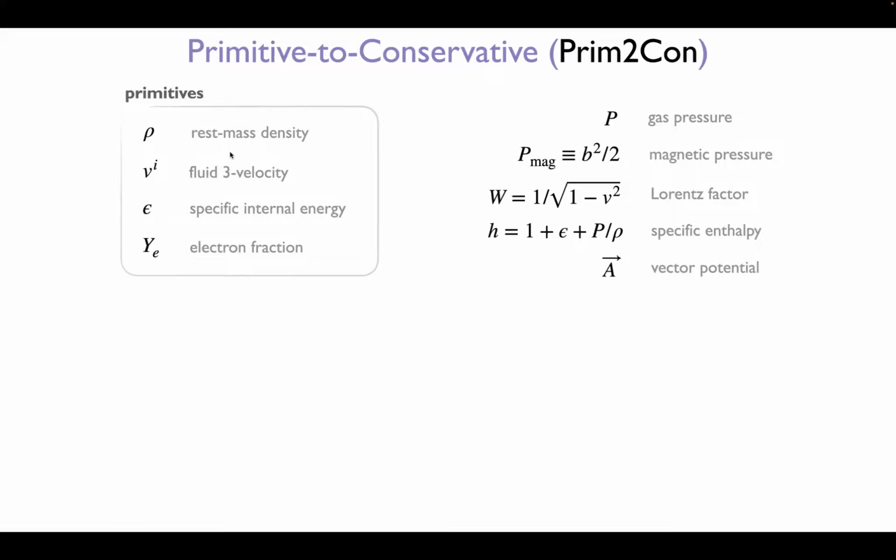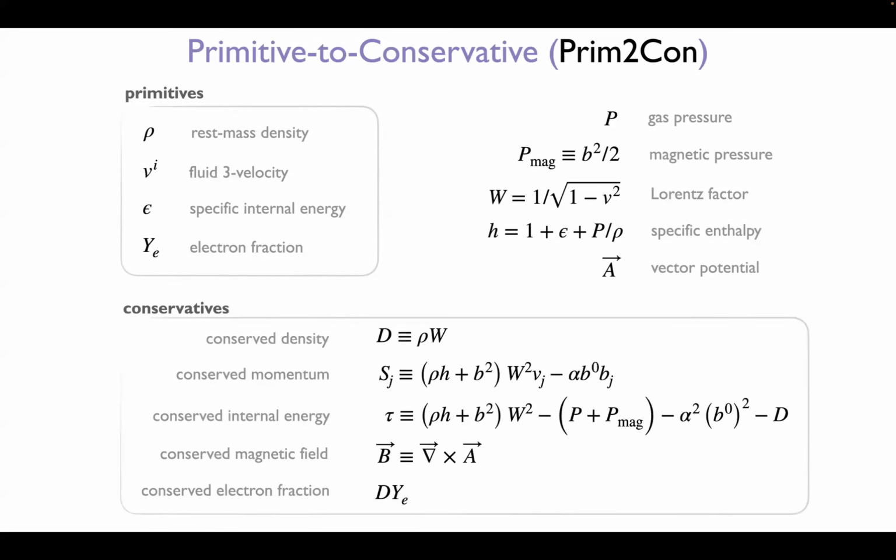Primitive variables in the sense of rest mass density, velocity, specific internal energy, and sometimes you might also need the electron fraction, which is essentially the ratio of the number of electrons to the number of baryons. Based on these primitives, you define what we call conserved variables, and these are conserved density, momenta, internal energy, the densitized magnetic fields, as well as the electron fraction.